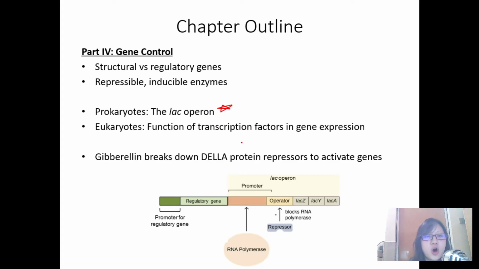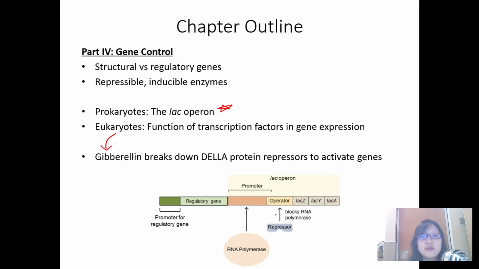Eukaryotes are much more complicated, so we learn less of that. But we do learn one example of eukaryotic gene control, which is gibberellin, which breaks down DELLA protein repressors. This is something we've already learned before, and it's just a little recap. Yay! This is a plant hormone, by the way, if you don't remember.